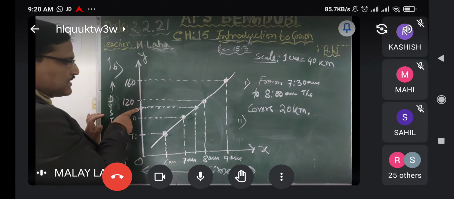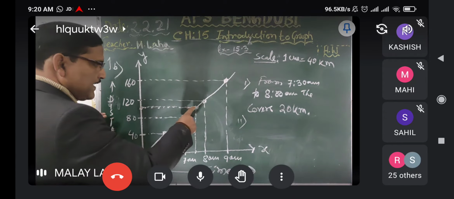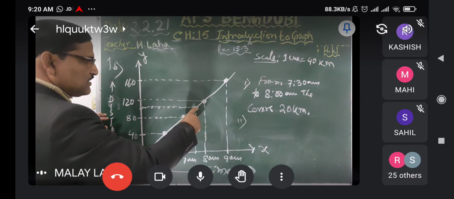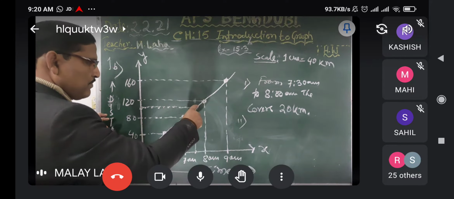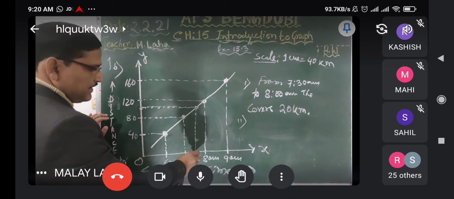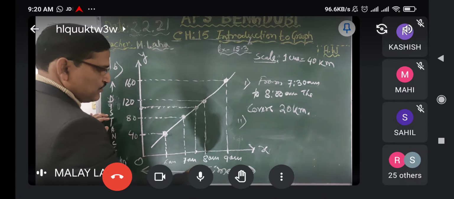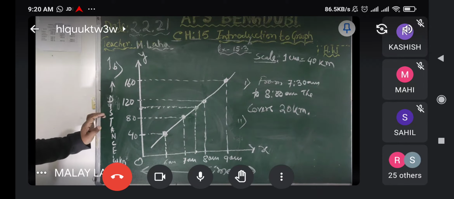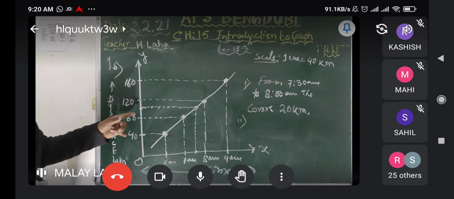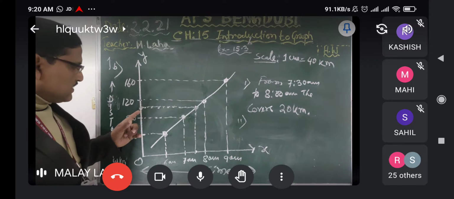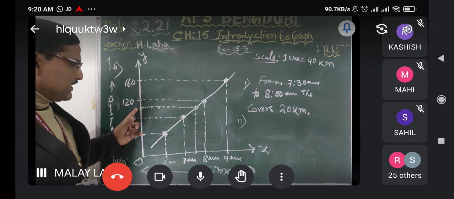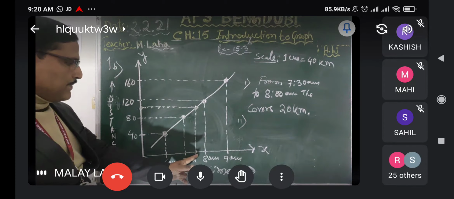So when it covers 100 kilometer, if you draw a line parallel to the x-axis, it is touching the line here, and from here draw a perpendicular line. It is meeting here. That means it lies in between 7 am to 8 am. That means 7:30. So our answer will be what? In short, at what time does it cover 100? It covers 100 kilometer at 7:30.